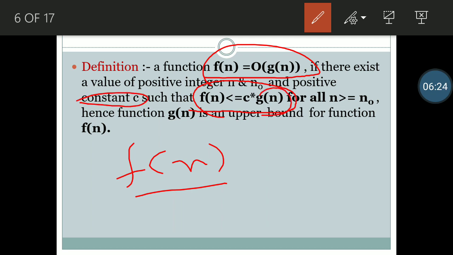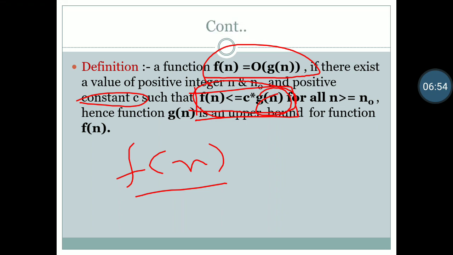Also g(n) will be multiplied with c. If this happens, our function value is less than or equal to the multiplication of c and g(n), so we can say that function g(n) is an upper bound for function f(n).